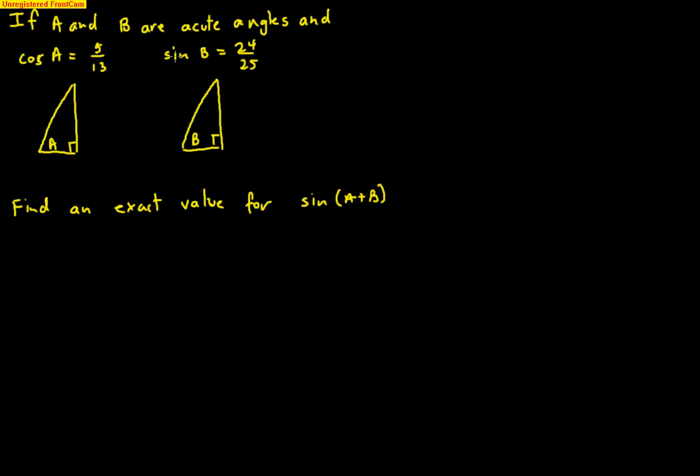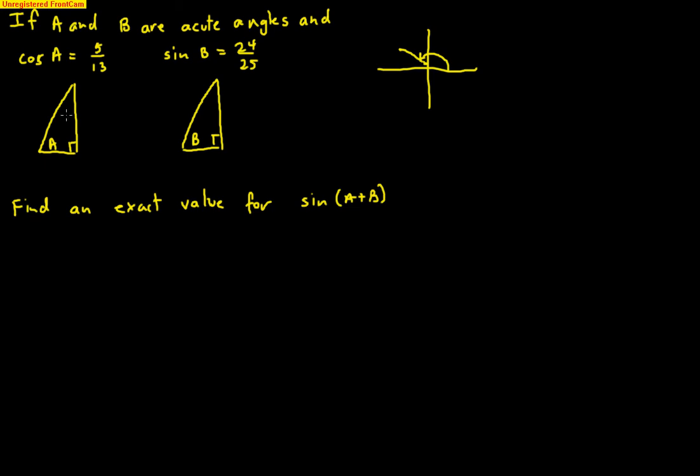Acute meaning that we've got less than 90 degrees, which means all our values are going to be positive. If for some reason it does mention that we're obtuse, you've got to think about the fact that we are going to be kind of in the second quadrant area where only sine is going to be positive, but cos and tan are negative. Alright, because we don't need to worry about that.